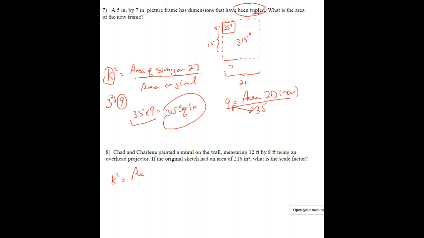We have to consider the area of the new 2D object over the area of the original. Well, we know the area of the original was 216, but we need to get the area now of the mural on the wall, which is 12 feet by 8 feet.